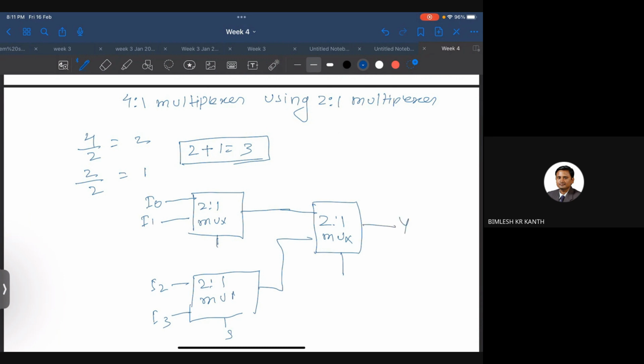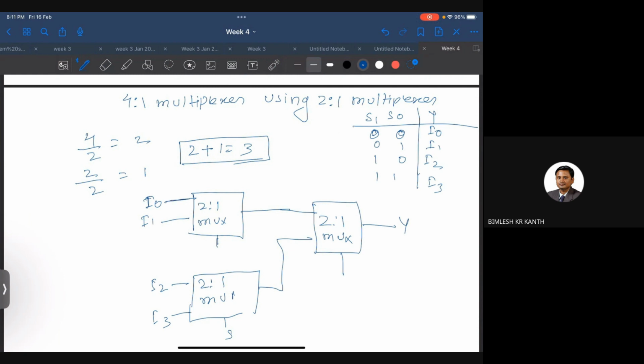Now let's draw the truth table. Which will be S1 and which will be S0? Can you predict? Suppose you want to select I0.